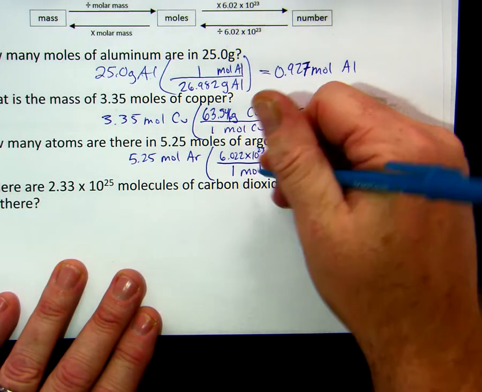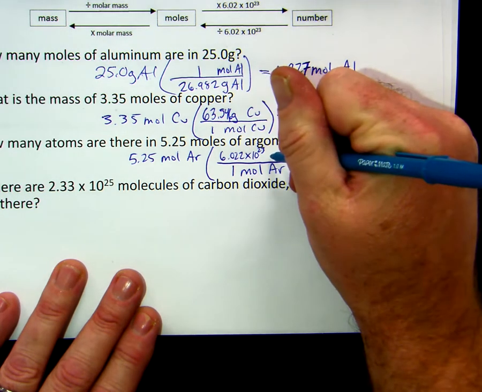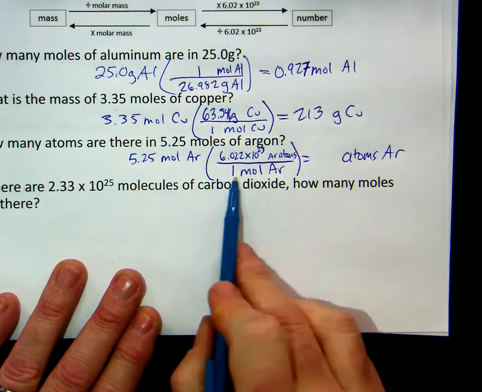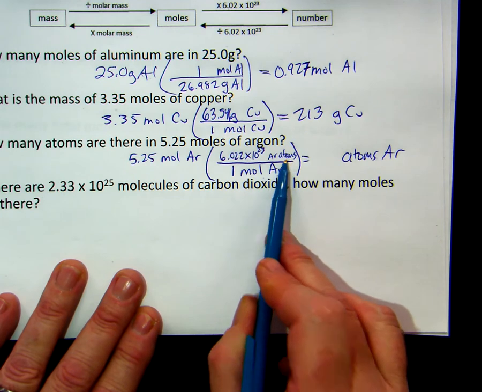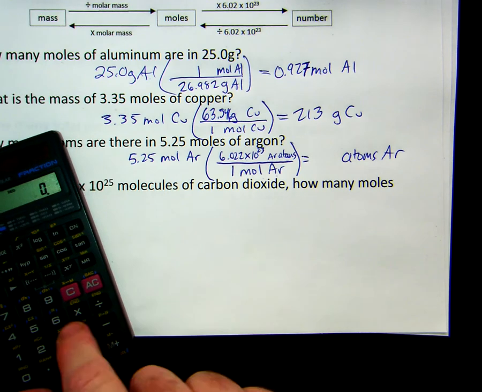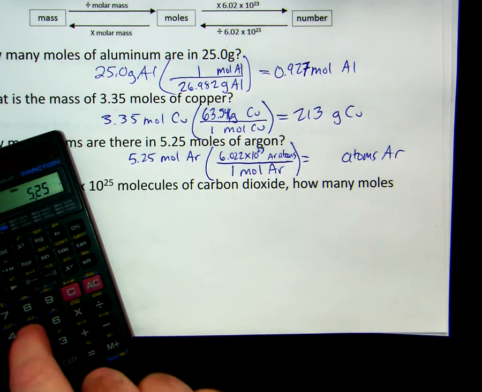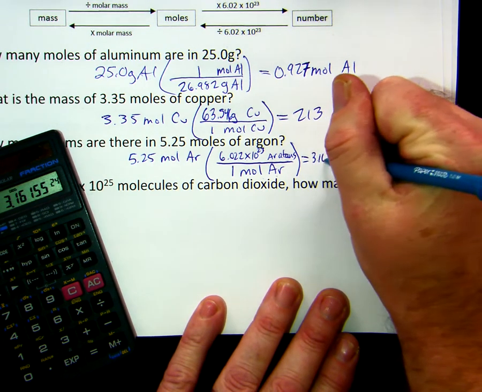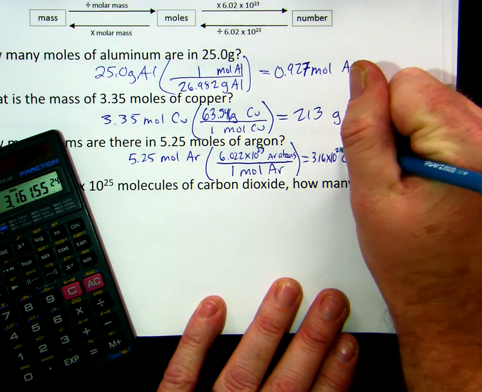But in this case, I'd have 1 mole of argon, and I want to know how many argon atoms. So in any 1 mole of anything, we'd have this many particles, which in the case of argon would be atoms. So I multiply the moles times Avogadro's number. And I get a big number, 3.16 times 10 to the 24.